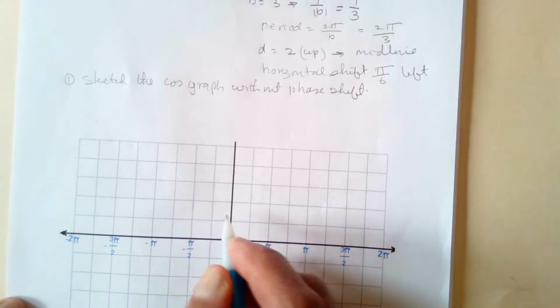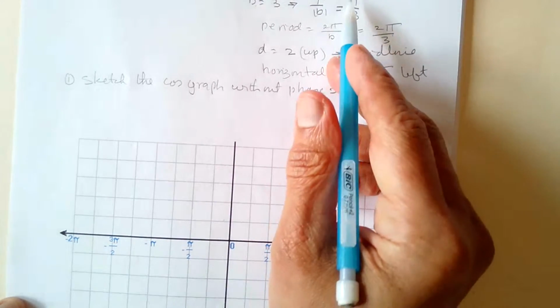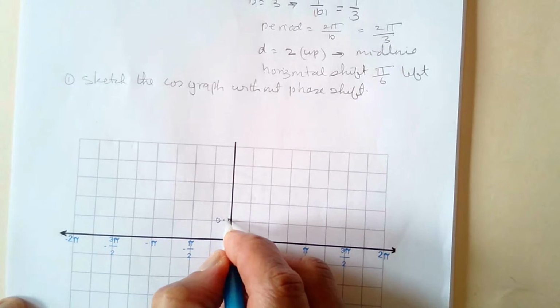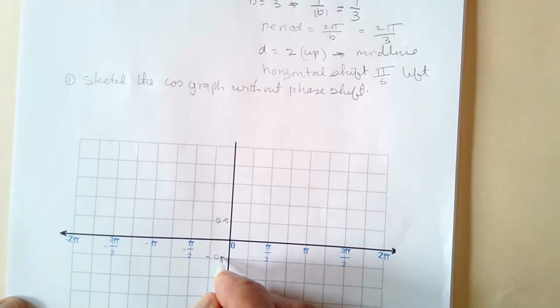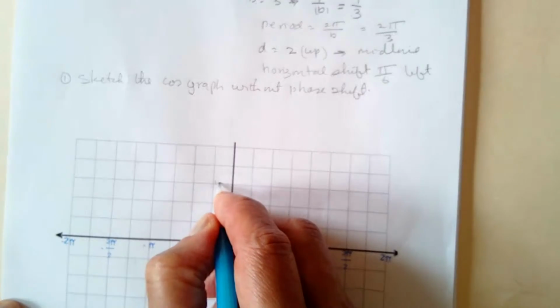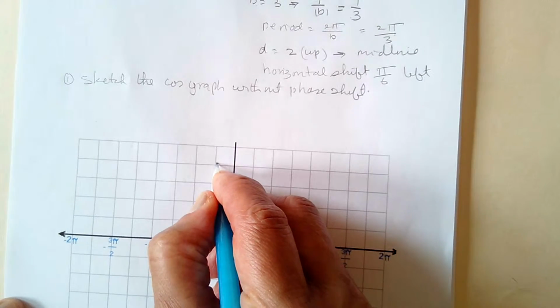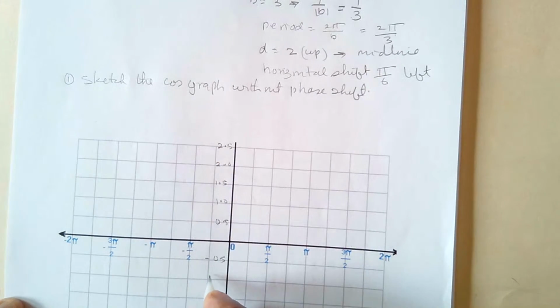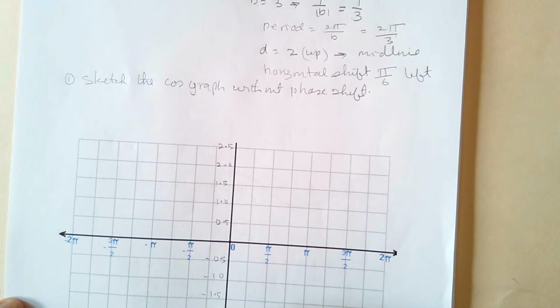Let's label this. Because we have a quarter, we'll make this 0.5, negative 0.5, 1.0, 1.5, 2, 2.5, and negative 1, negative 1.5, negative 2, and negative 2.5.